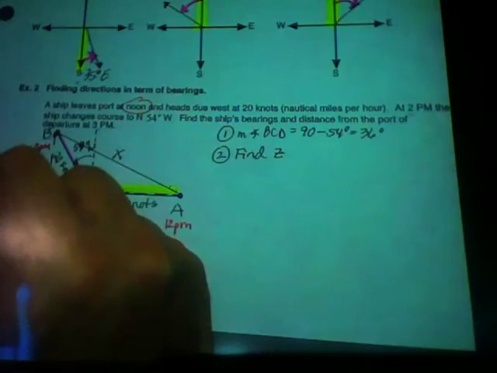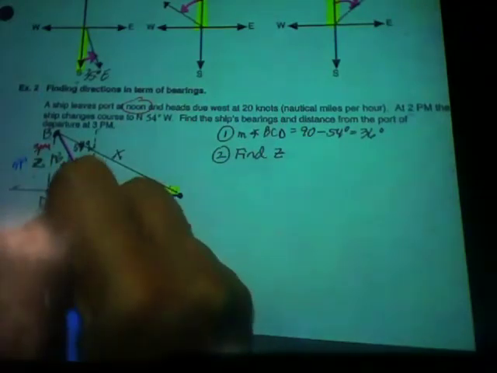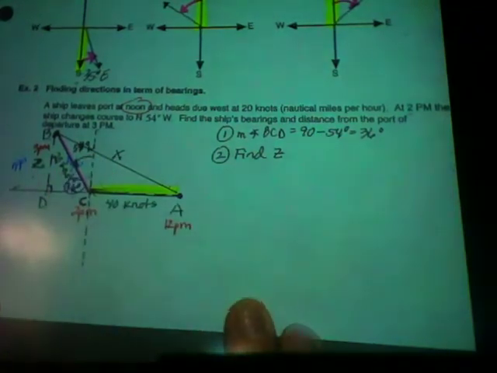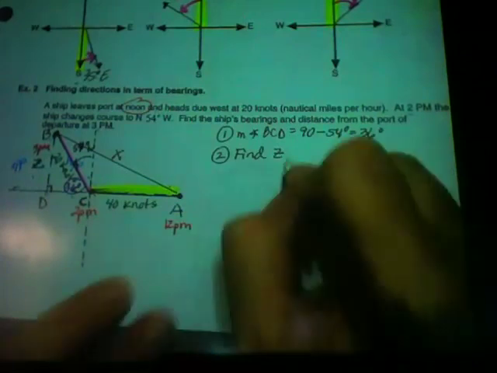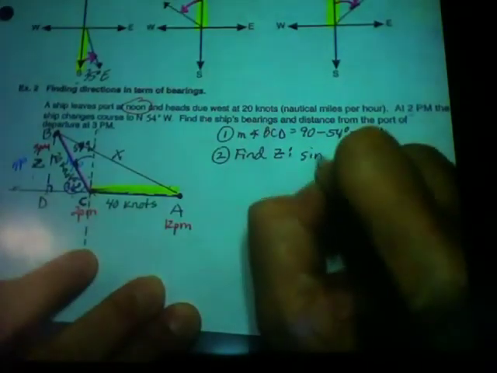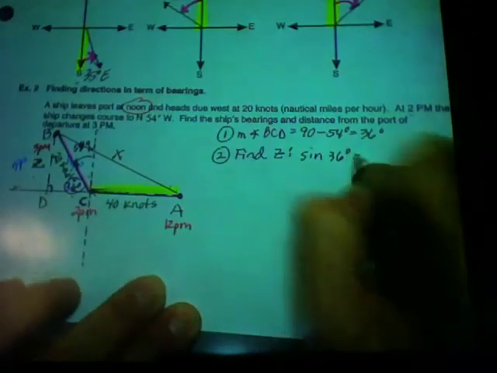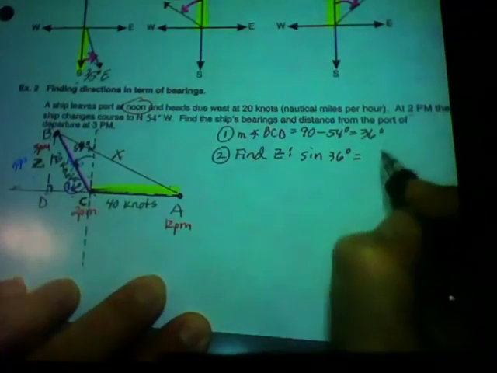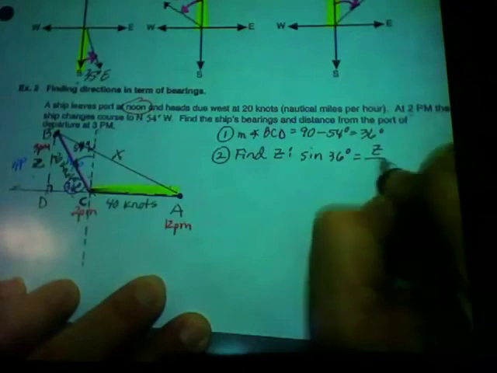So this is opposite, and isn't this the hypotenuse? So, set up our equation to solve. Sine, cosine, tangent. Sine of 36 degrees is equal to what over what? Z, opposite, over our hypotenuse of 20.